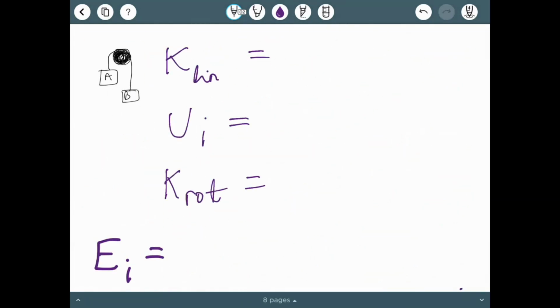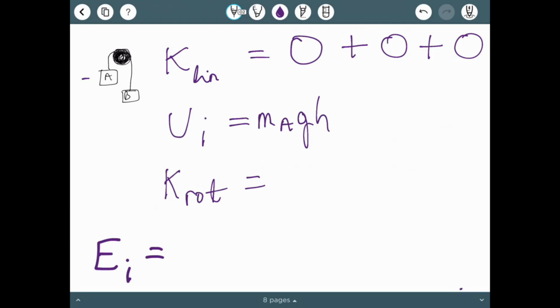The linear kinetic energy is due to the center of mass moving. Since initially everything is at rest, all three bodies will have a linear kinetic energy of 0. Later on, we will see that A and B will have some at the final. For potential energy, there is no elastic, only gravitational. The gravitational potential energy of A is M_A g h.